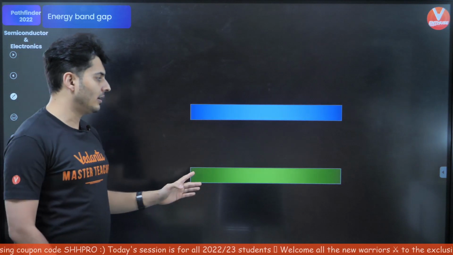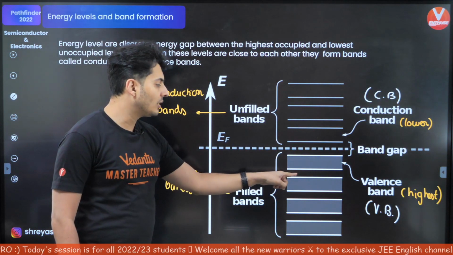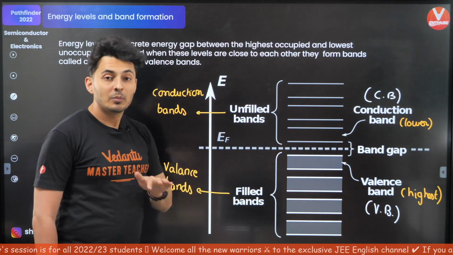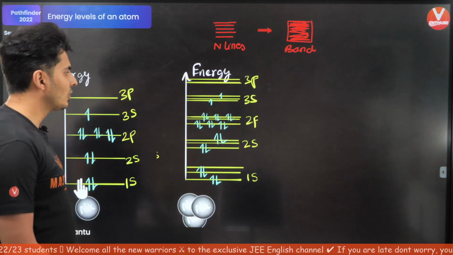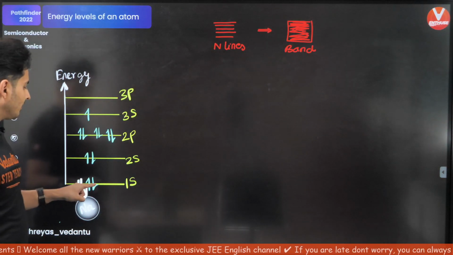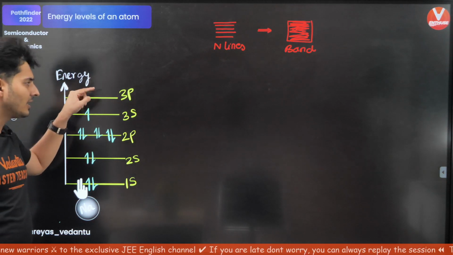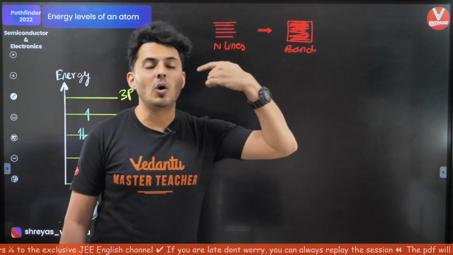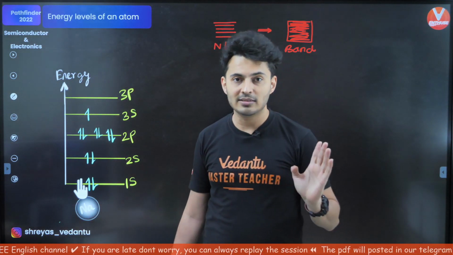Please understand that no electron can ever stay in any of these empty spaces, because remember, when you talk about an atom, an atom consists of electrons. The electron can be either in this state, this state, this state. It can be in any of these orbitals. It can never have an energy outside these orbitals.